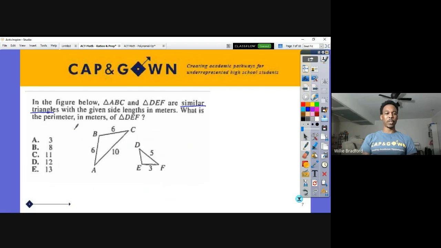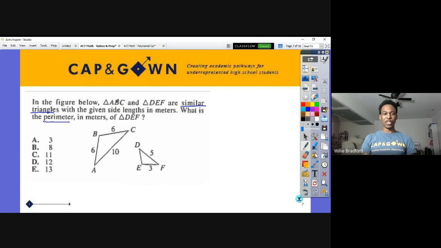What is the perimeter, need that, in meters of triangle DEF? Well, what it means for these triangles to be similar is that they are proportional to each other. All right. One side is proportional to another side.